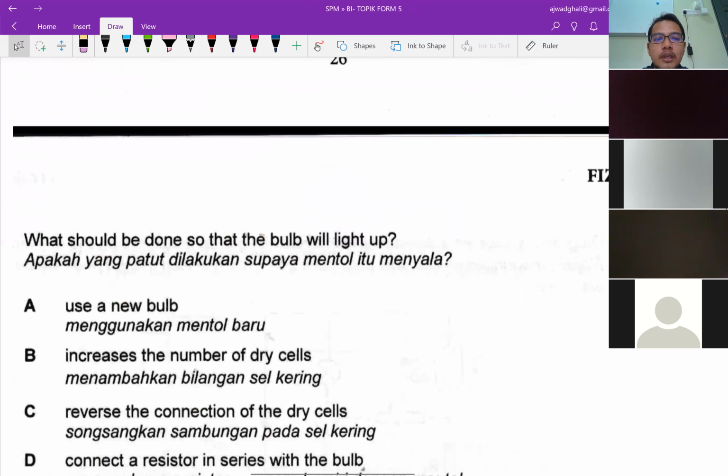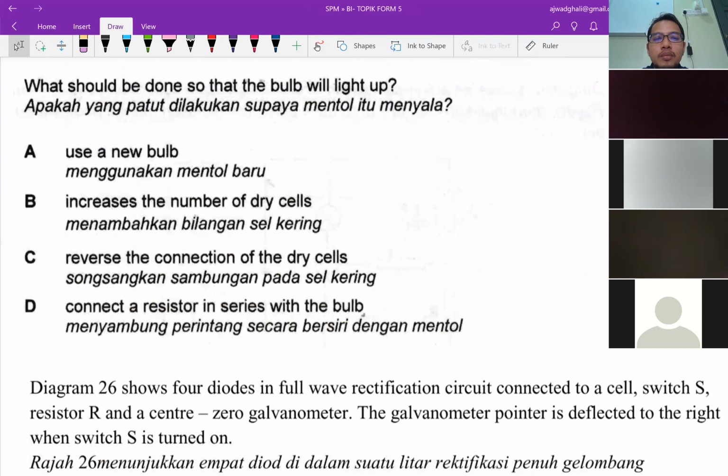So the question is, what should be done so the bulb will light up? Use a new bulb, increase the number of dry cells, reverse the connection of the dry cell, or connect a resistor.